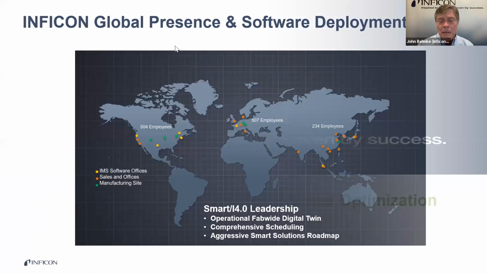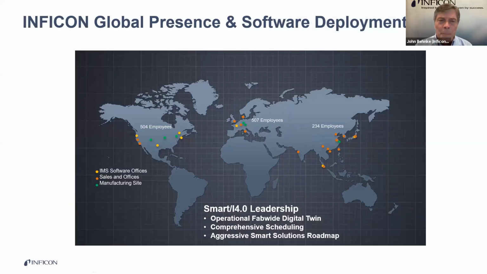Inficon is my parent company. We're a Swiss company. We have about 1,250 employees. We're global. Major focus areas are in Southeast Asia, North America, Europe, and we have a pretty strong dedicated team out of a Singapore office led by Darren Lee. We are known for our smart Industry 4.0 leadership.